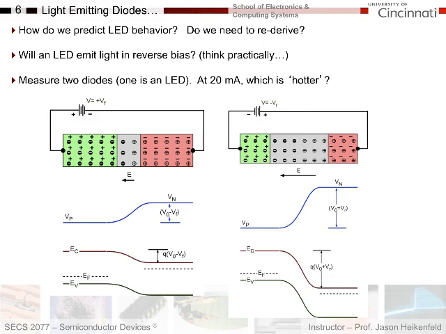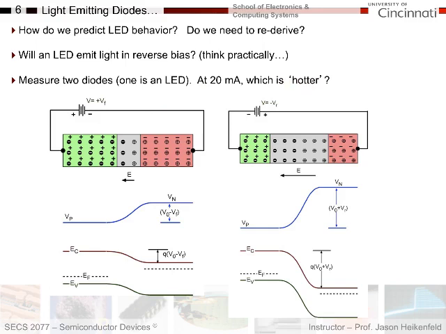So speaking of forward bias, let's take two diodes, okay? And you could either reverse bias or forward bias it, but let's do the forward bias case. And let's assume one is an LED. So let's take two diodes just like this, forward bias one, forward bias the other. One is an LED, one is not. At 20 milliamps, which one's going to be hotter?